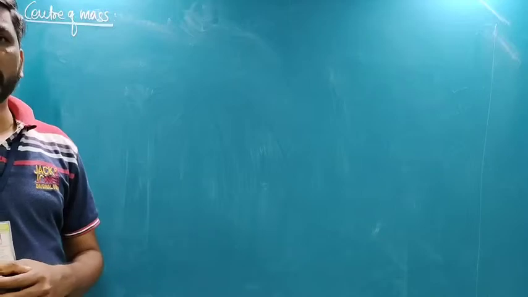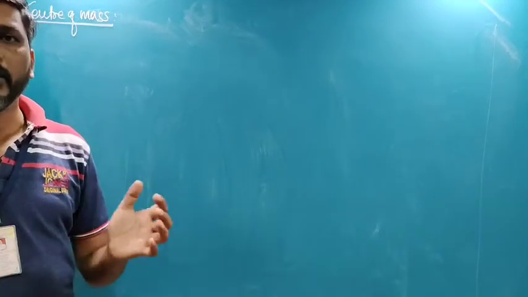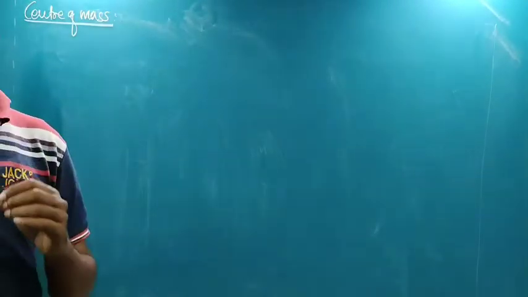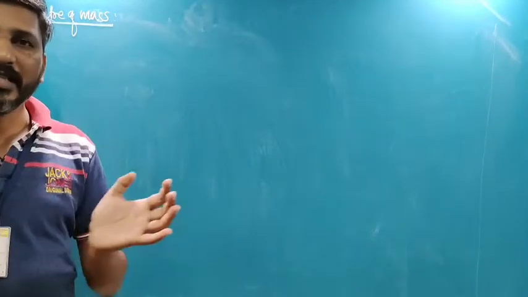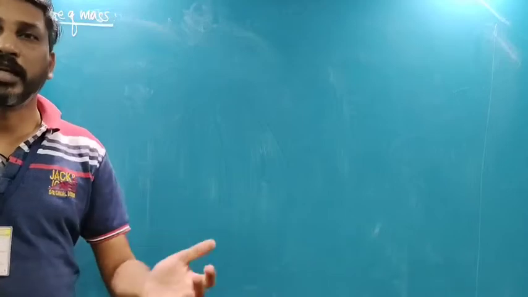First we see what is the meaning of center of mass before solving the numericals. Center of mass is an imaginary point where the entire mass of the body is supposed to concentrate. That imaginary point is called the center of mass of the body. For some bodies, the center of mass lies inside the body, and for some bodies, it lies outside the body.